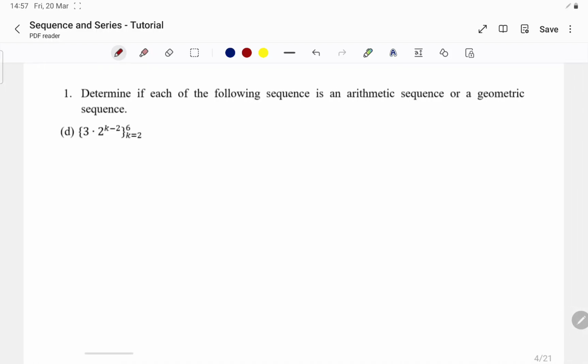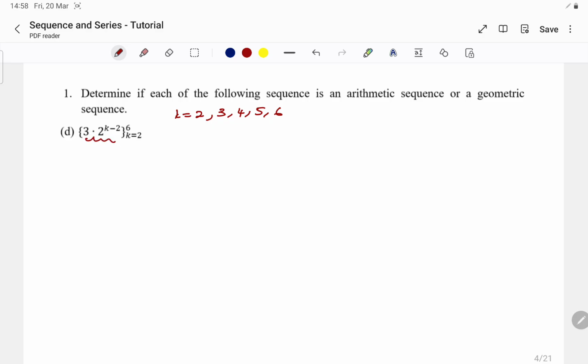Question D, we have 3 multiplied by 2 to the power of k minus 2, starting from k equal to 2 until 6. So k equals 2, 3, 4, 5 and 6. And then what you have to do is substitute inside the term.